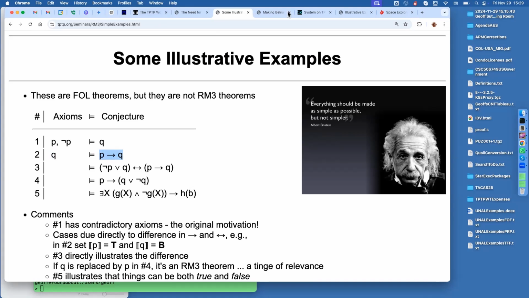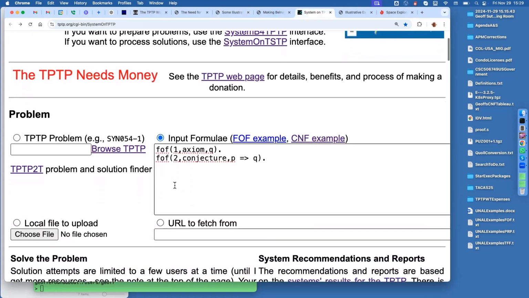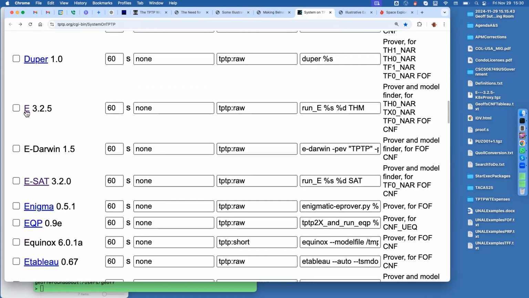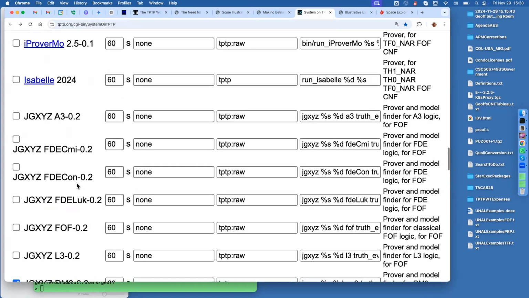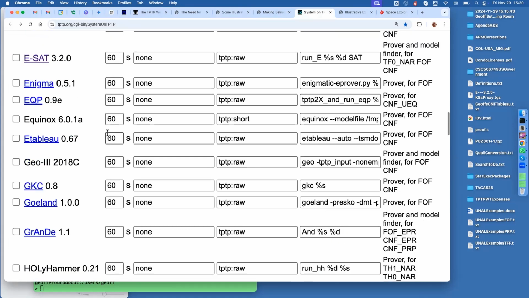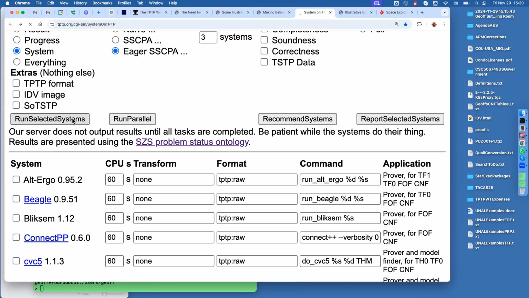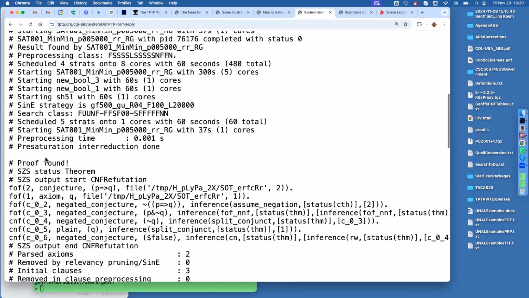All right, so we could do that. I put it into there. If we know Q is the axiom, conjecture P implies Q, and we ask our friend E, let me just turn off the other one over here. We know that if you know Q, then P implies Q. Sure, there it is, theorem. And that's normal. If you know Q, you know P implies Q.